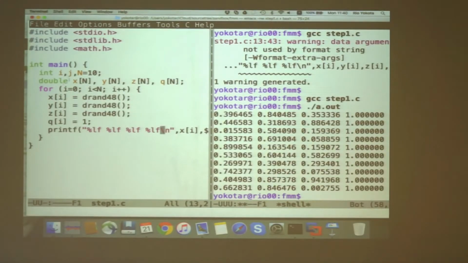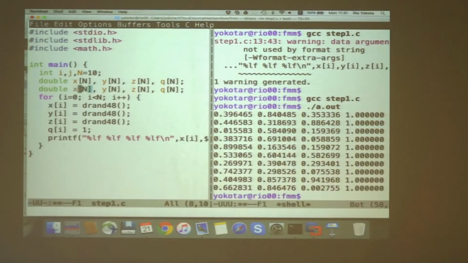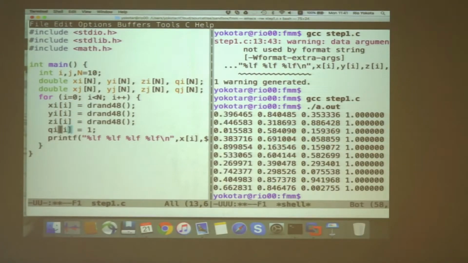but right now I'm just going to go on and create the second set of points. I'm going to create xi, yi, zi, qi, a second set of points that will be far away. I'm going to use two different variables, so let's call these qi.